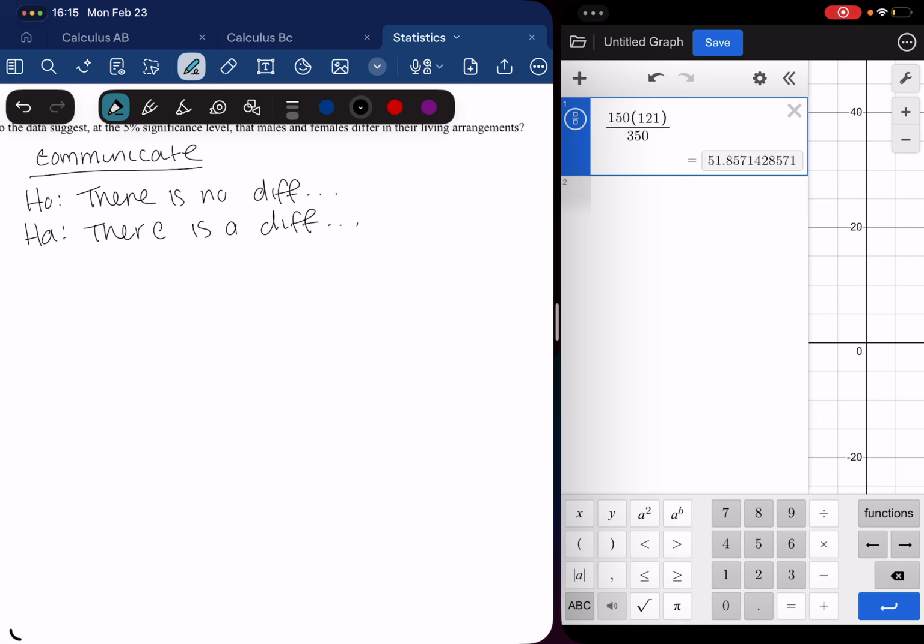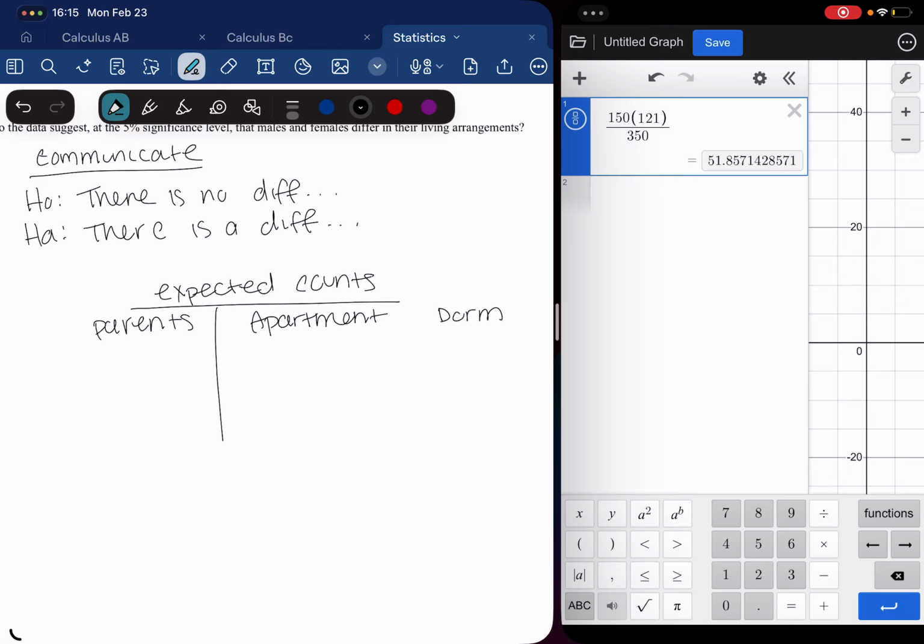Okay, and then we write down our expected counts table. So that's the table that we filled in all the boxes above. So we have living with parents, an apartment, and then the dorm, and then we have female and male.